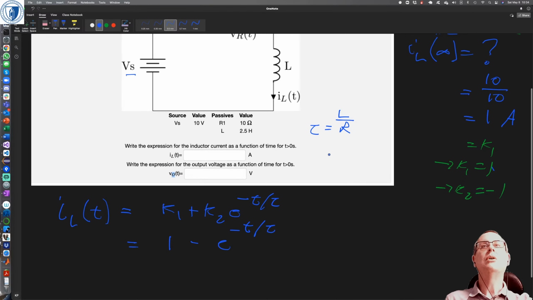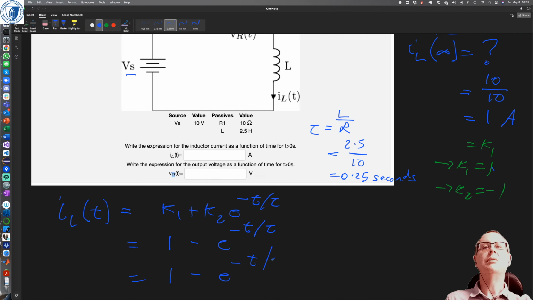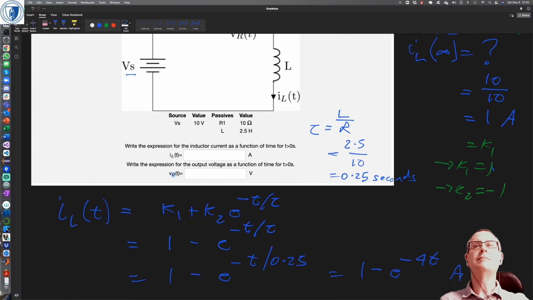Okay, and then our L on R, well, L is 2.5, R is 10, so that's 0.25 seconds. So we can write out our full expression, 1 minus e to the minus t on 0.25, or we could rewrite that as 1 minus e to the minus 4t, and that would be in amps is the units.